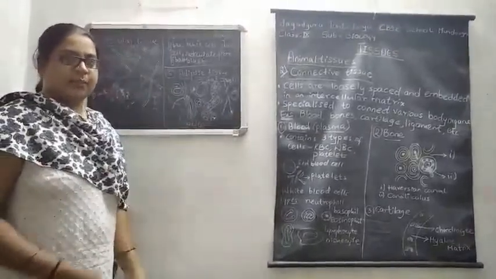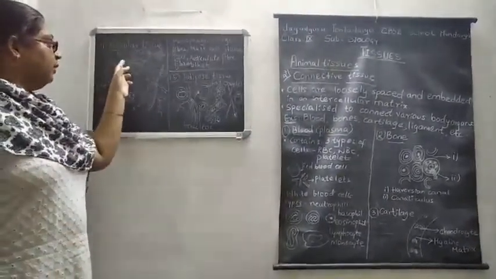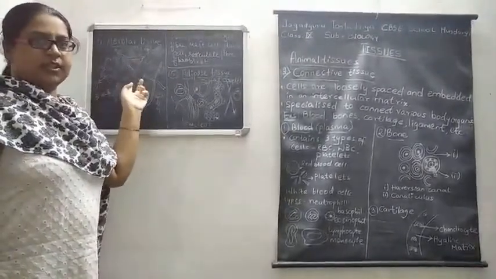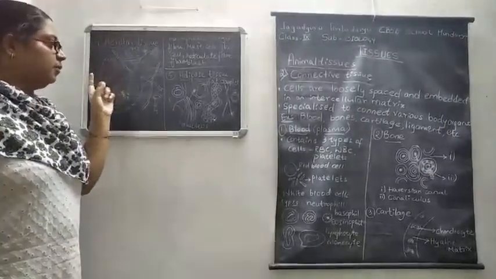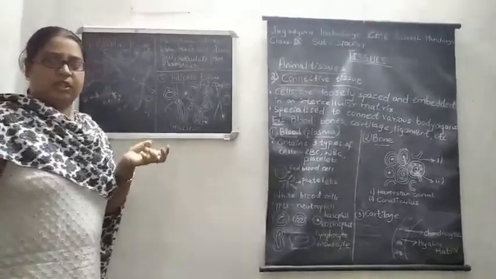Areolar tissue is another type of connective tissue which forms in between the cells. There is some kind of space, mainly consisting of air space, which provides repair of the tissues during injury.